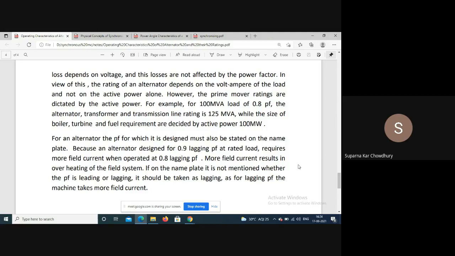And besides that, another difficulty of delta connection is with the third and triplen frequency harmonics, which are absent in the line in both star and delta connection. In case of star connection, they will be in phase, and so it can be grounded.